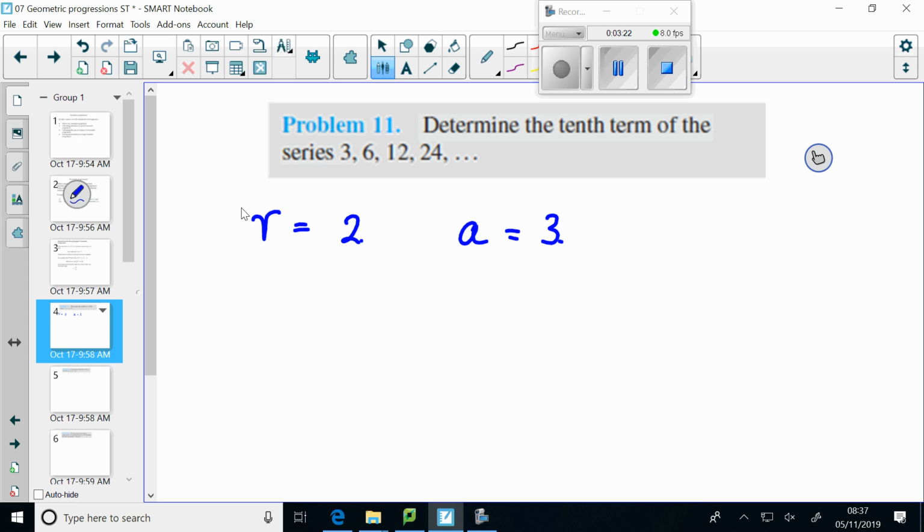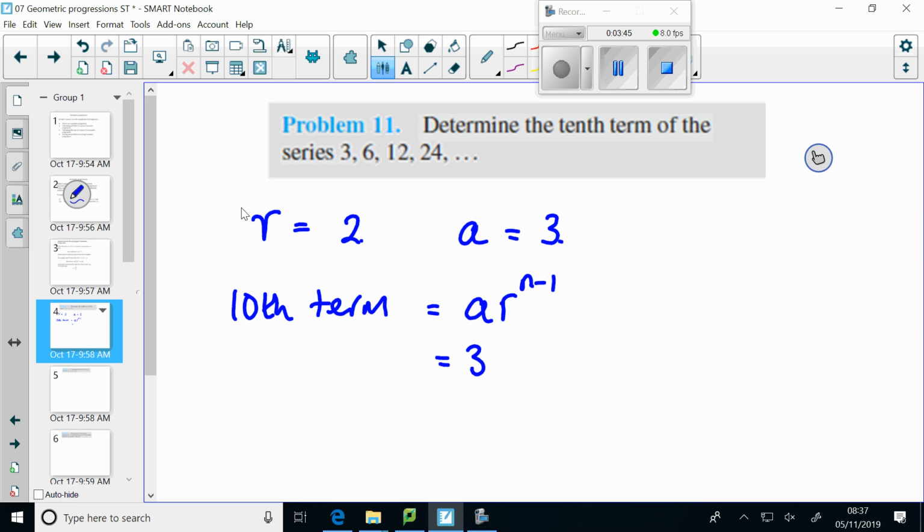We want to know the 10th term, which is given by a times r to the n minus 1.